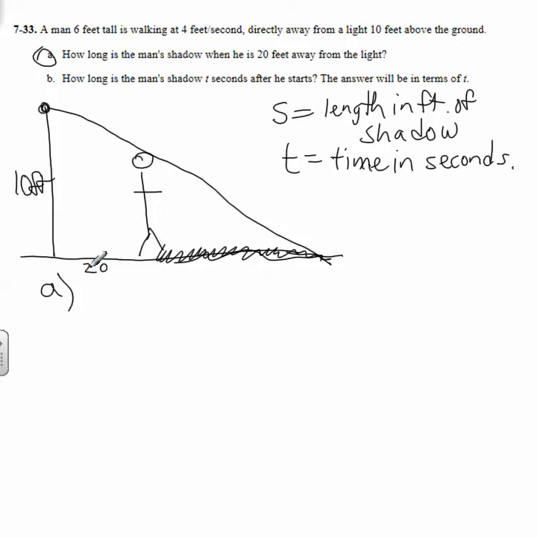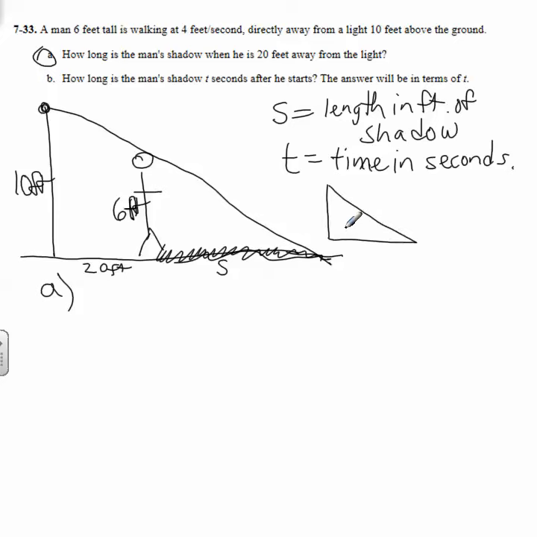This is 20. The man is 20 feet away from the light. So let's plug that in. And what we've got going on here is some proportional triangles. Oh, I also need to label the man's height, 6 feet.